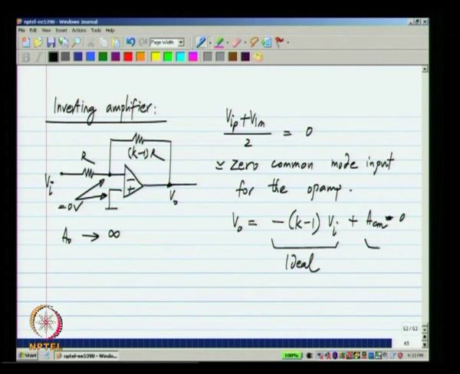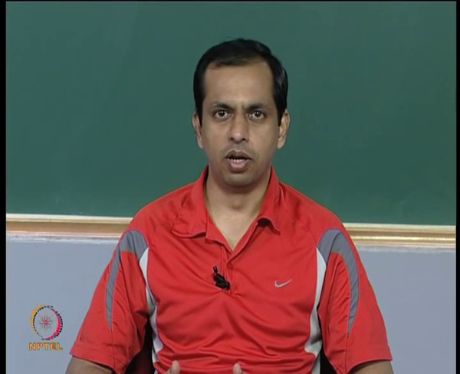So, this is the error due to ACM. As before, it is not just ACM times the input common mode voltage, it is some nonlinear function of the common mode voltage, but it does not matter because the common mode voltage itself is so small that the error due to that is small.